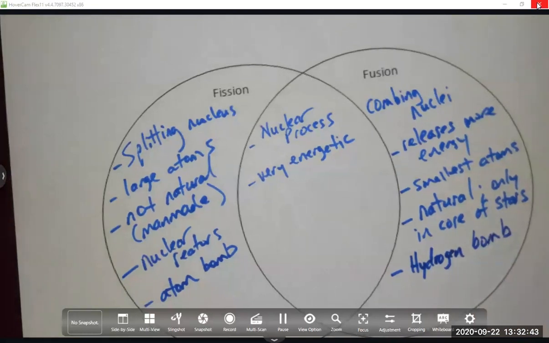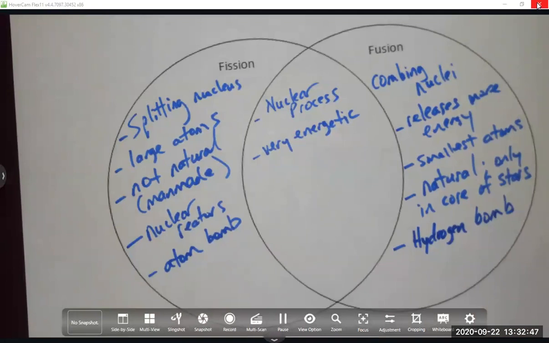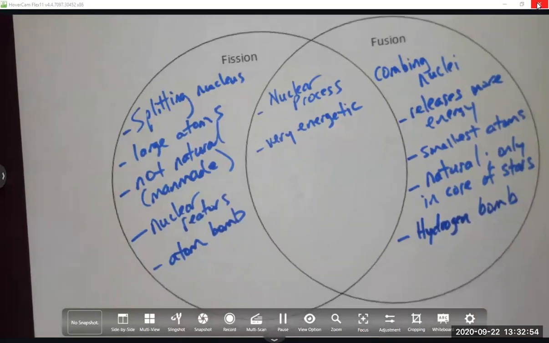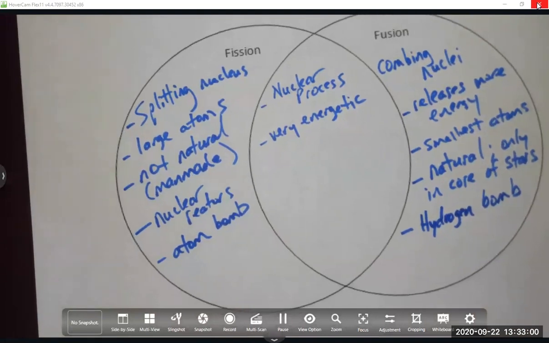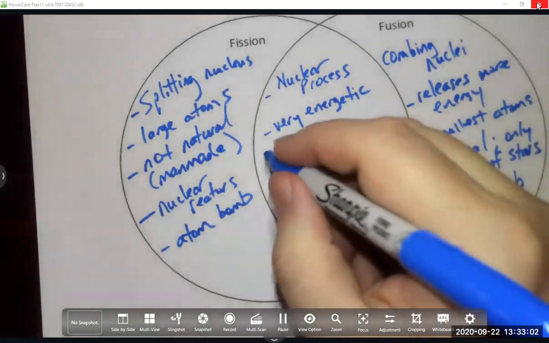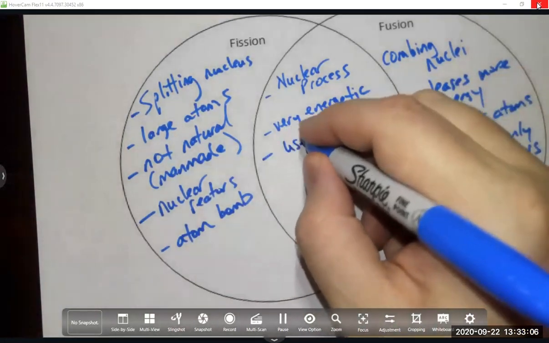The hydrogen bomb is a bit of a combination: you have a nuclear atom, like a fission bomb, that sets off a fusion reaction, and that makes it more deadly. So I guess that we could put that as something to have in similarities, that both can be used in weapons.